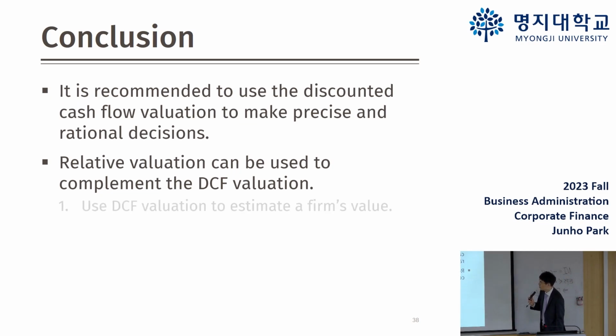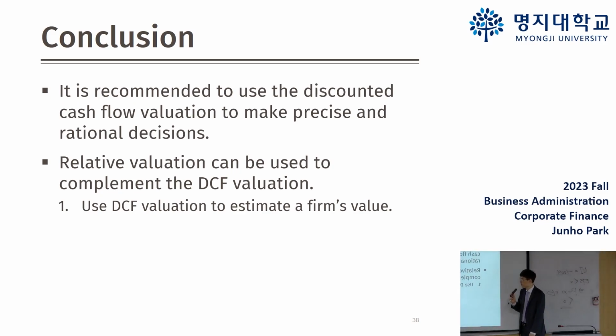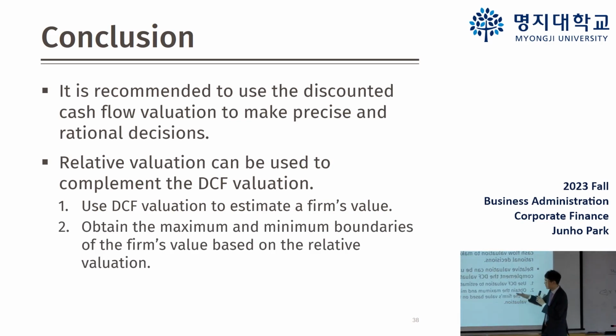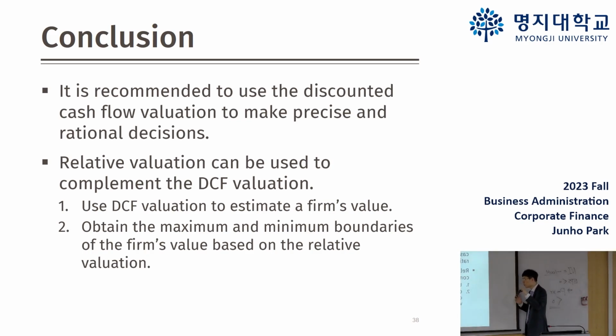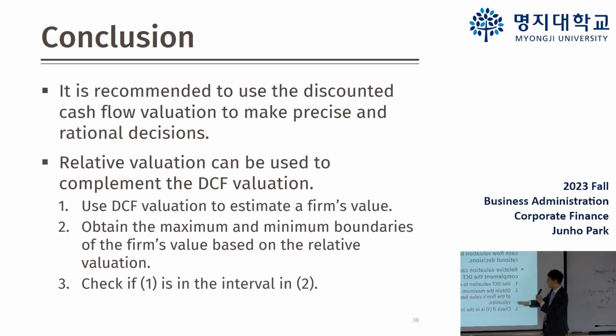For example, one can do something like this. First, you do the DCF valuation to estimate a first value. Second, you can guess the maximum and minimum boundaries of the first value based on the relative valuations. So you obtain, okay, this is the lower bound and this is the upper bound, and then you use these boundaries, or the interval, as a check for your result in number one, the result from the DCF valuation.